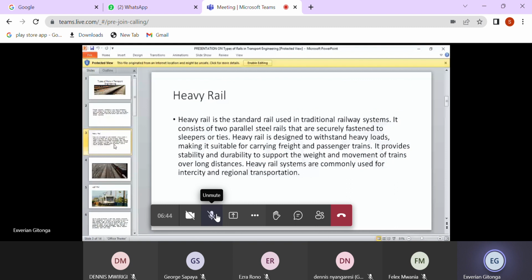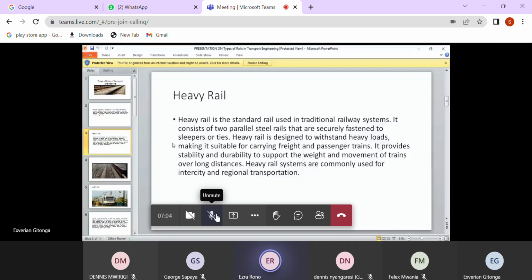Now, Ezra, can you read for us the first sentence there from your side? Read for us the first sentence here on heavy rail. Heavy rail is the standard rail used in traditional railway systems. Correct.